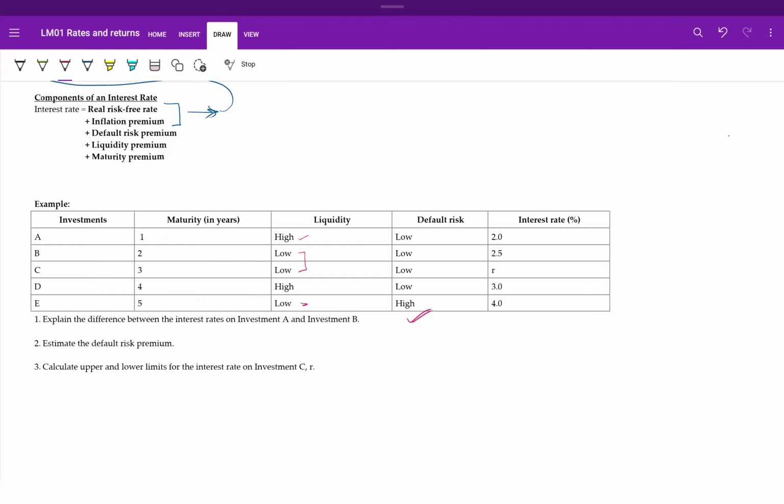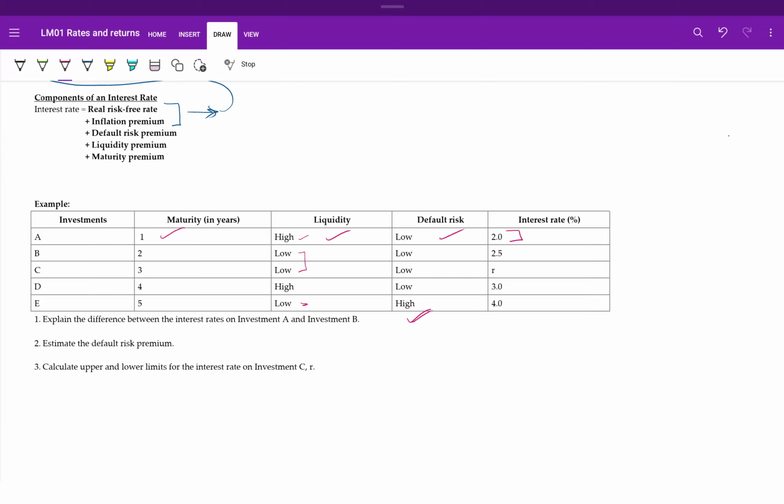And this 2% is calculated based on these factors: low maturity, high liquidity, and low default risk. These are the best conditions, and this is going to give us 2% of interest rate.